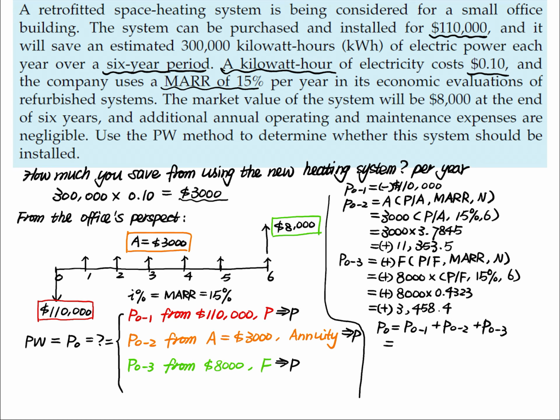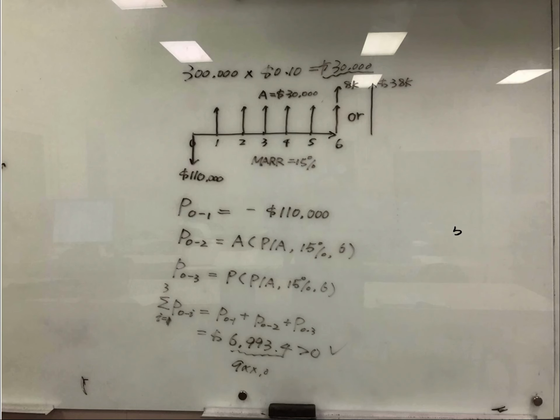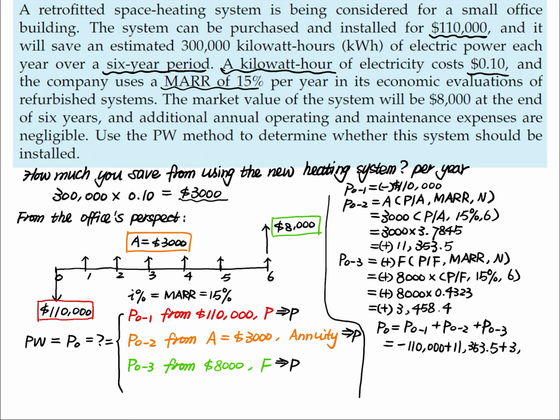So now the P0 is the sum of these three parts. The first part is negative. The second part is positive. The third part is positive. And the final result is 6,993.4.